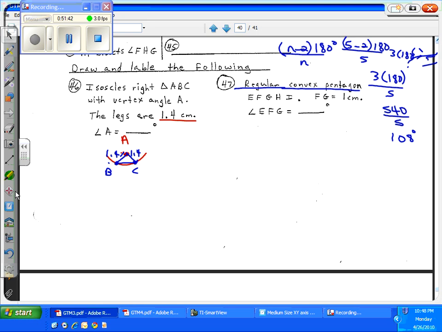So what you're going to do is measure your little 1 centimeter. So you'd get a spot to start with, and you'd lay your little ruler down there. And you would go 1 centimeter, which is a little bitty like that. And you're going to get your little 1 centimeter line. And then you're going to lay your protractor on there.